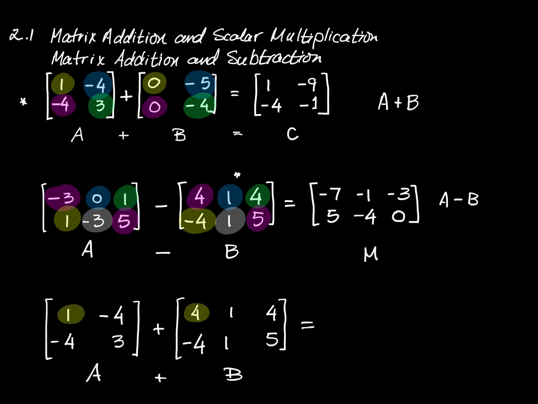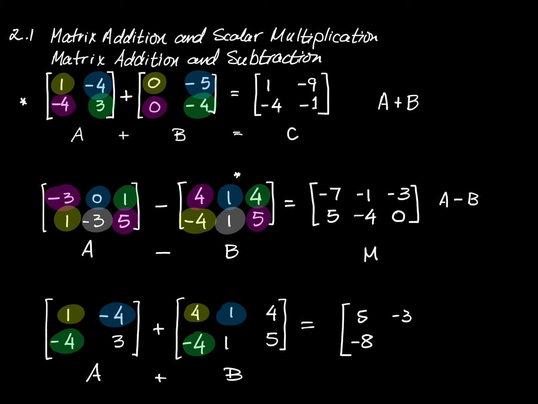First row, first column, I get 1 plus 4, which is 5. Second row, first column, I get -4 plus -4 is -8. So far, so good. I have first row, second column. Can you see what the problem is yet? -4 plus 1 is -3.